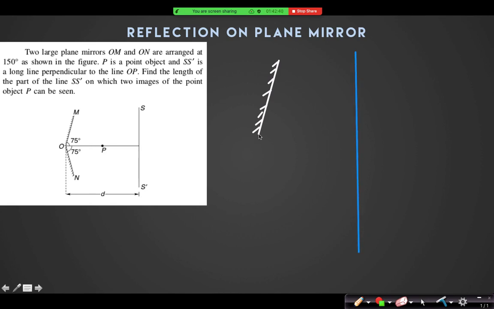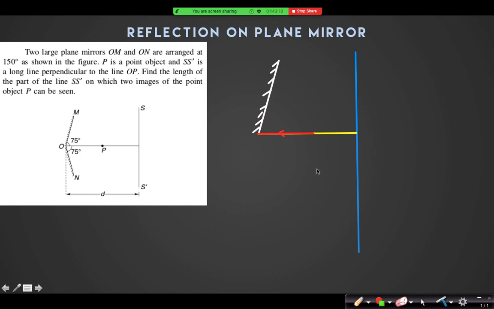Let us consider only one mirror first. You can see that this point P lies somewhere here. So after reflection, if I take this as a reflection from point P, one ray hits at this point.